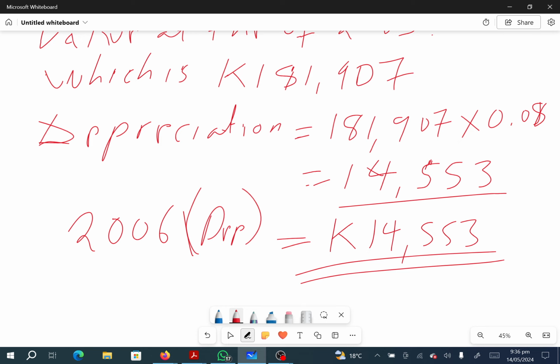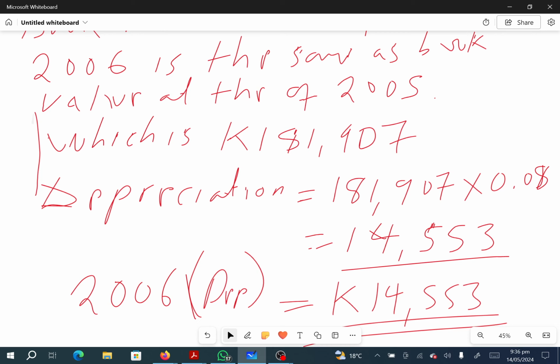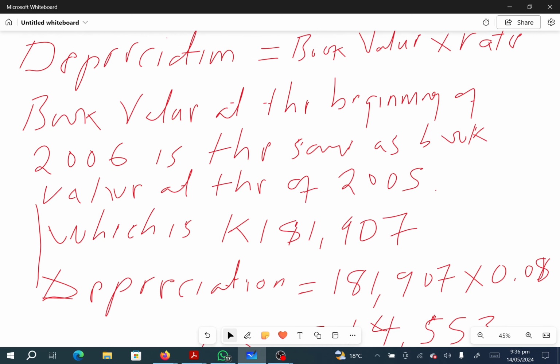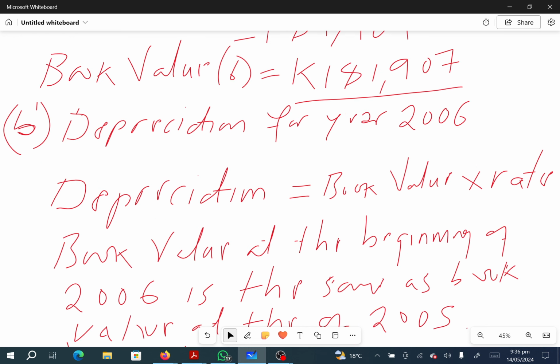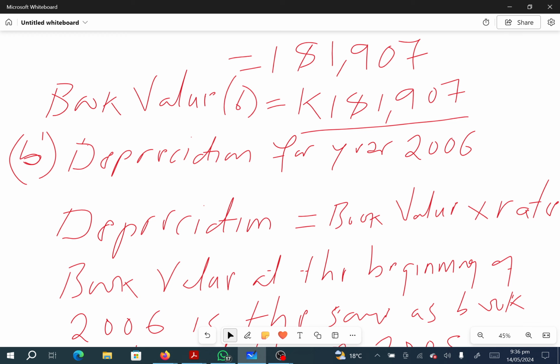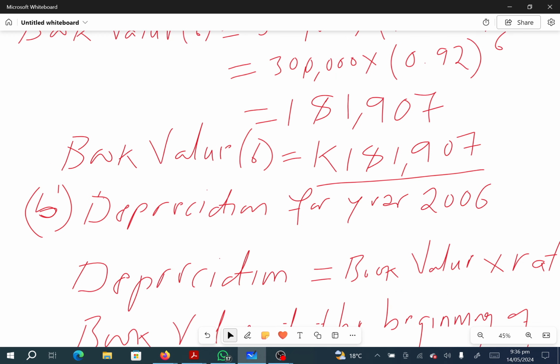Yes, sir. Okay, but you are clear with why we have used this value, 181,907, isn't it? We calculated in the previous question the book value for 2005. At the end of 2005, this was the book value.